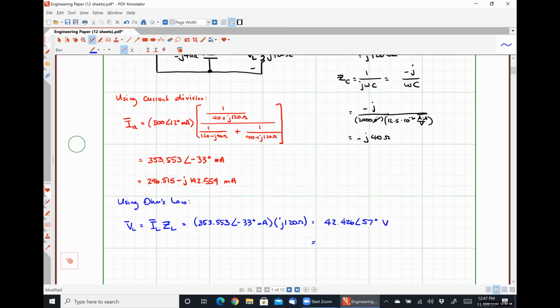Or for those of you that prefer rectangular, 23.107 plus J 35.582 volts.